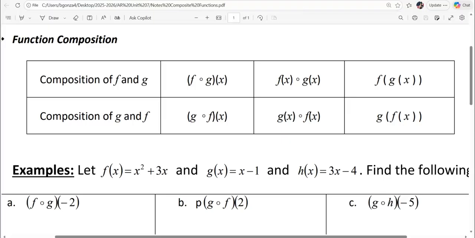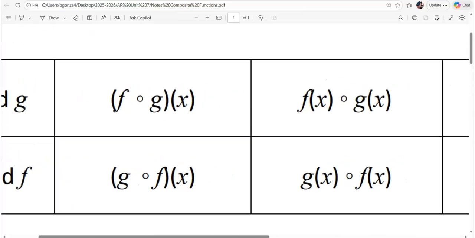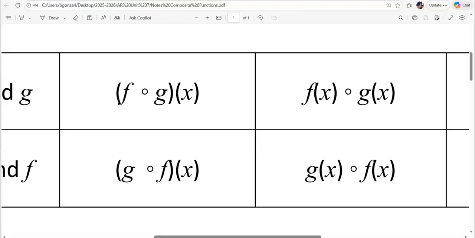Now look. These are called compositions of functions or function compositions, okay? So instead of plus, minus, multiply, or divide, do y'all see we have this weird little o? Is that a multiply sign? It's not a multiply sign.